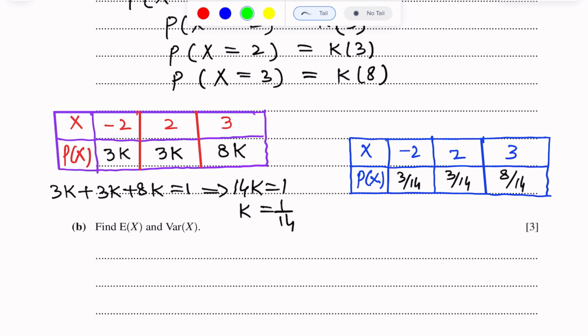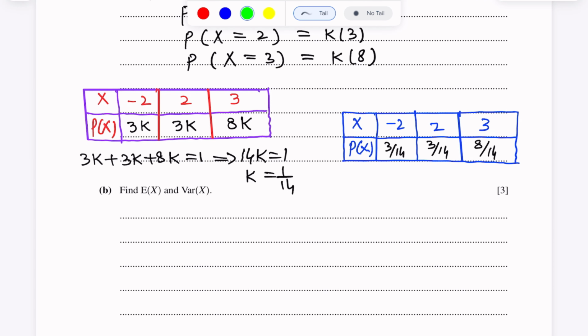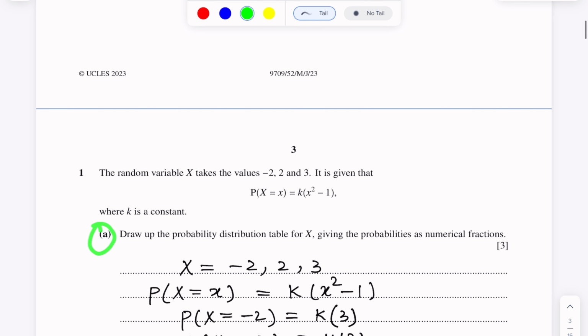We have put this value of k here to find the probabilities against each value of x. Now the table is this. We have completed this part A.